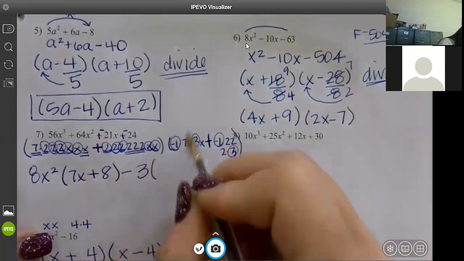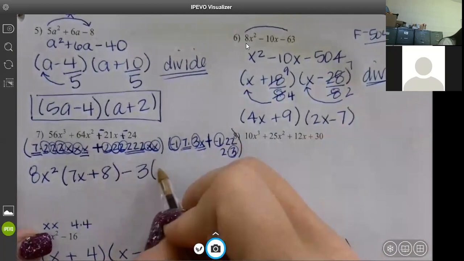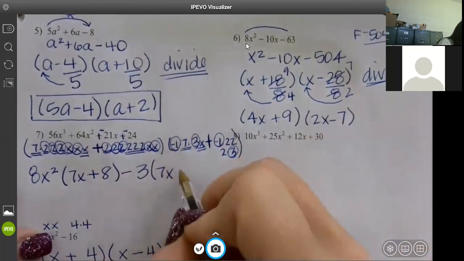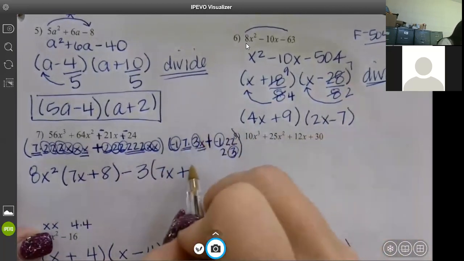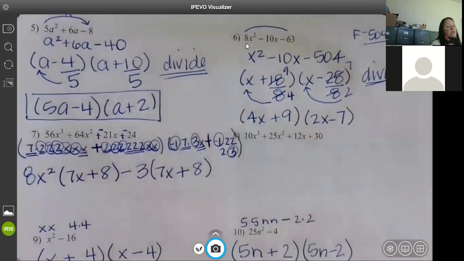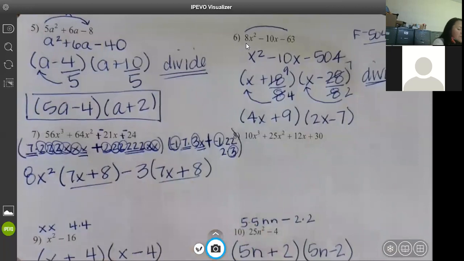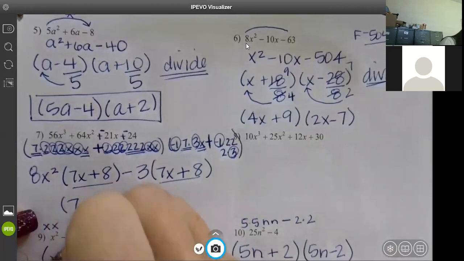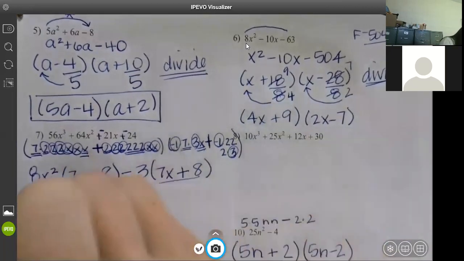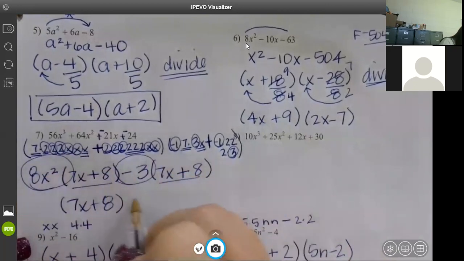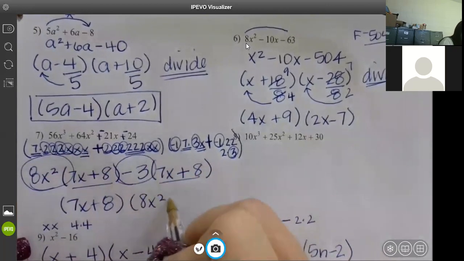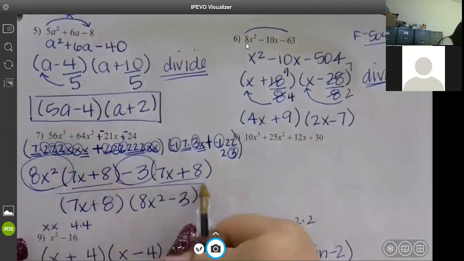Read what you left. I have 7 times x, or 7x. We have a plus and 3 2's, which is 8. If you look at your 2 sets of parentheses, they are exactly the same, which means you did it right. So that's your first factor, 7x plus 8. And then what you pulled out is your second one, 8x squared minus 3.